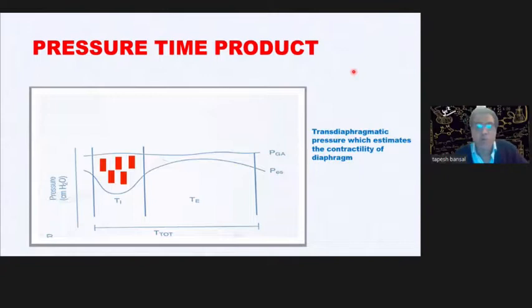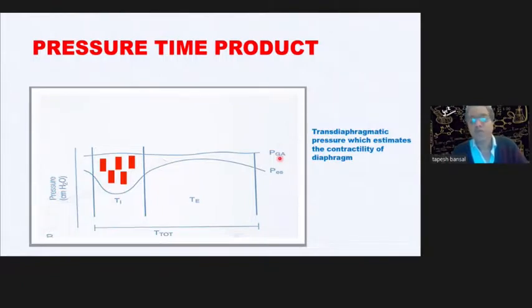Now just going to the last couple of slides, this is a concept called pressure time product. Okay, as you can see, there are two waveforms. This is esophageal pressure, which reflects the pleural pressure, and this here is the gastric pressure.